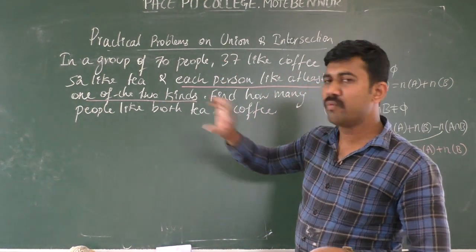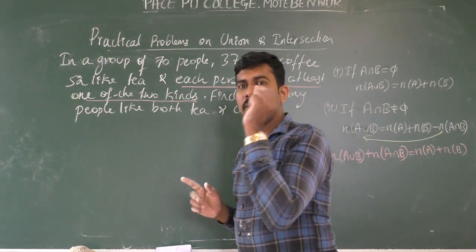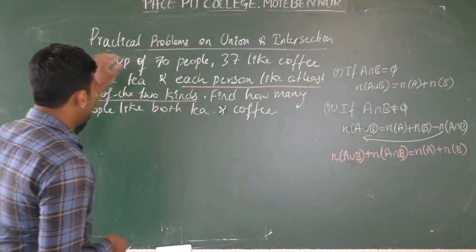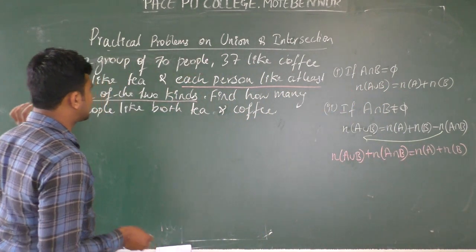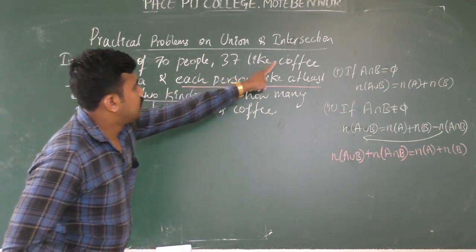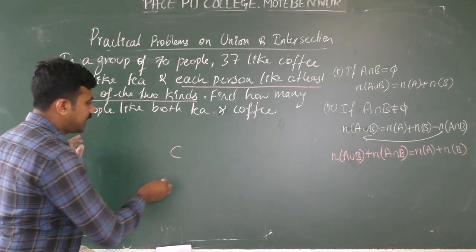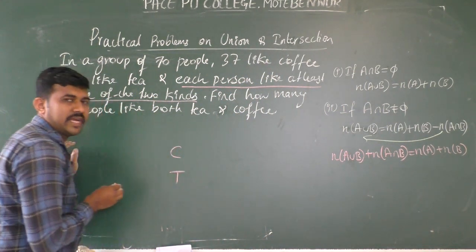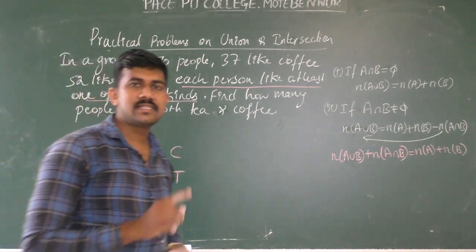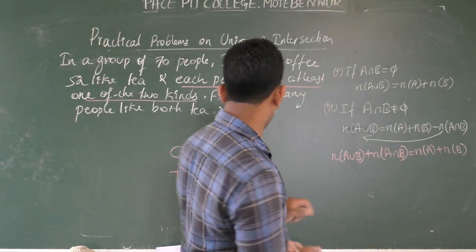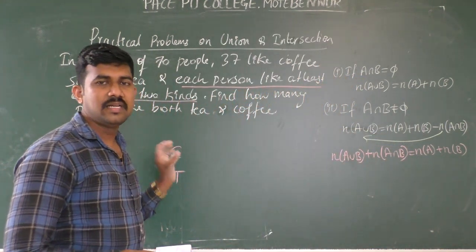So there is no person who is not drinking anything. Now what data do we have? Let's list it. Write C for coffee and T for tea. C represents the set of people who like coffee, and T represents the set of people who like tea.